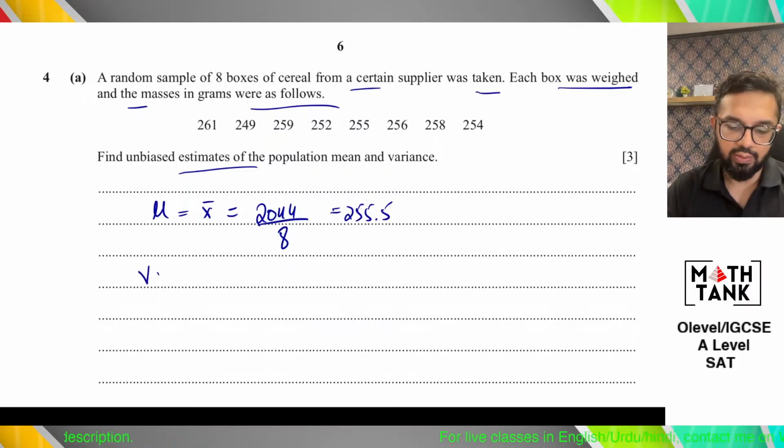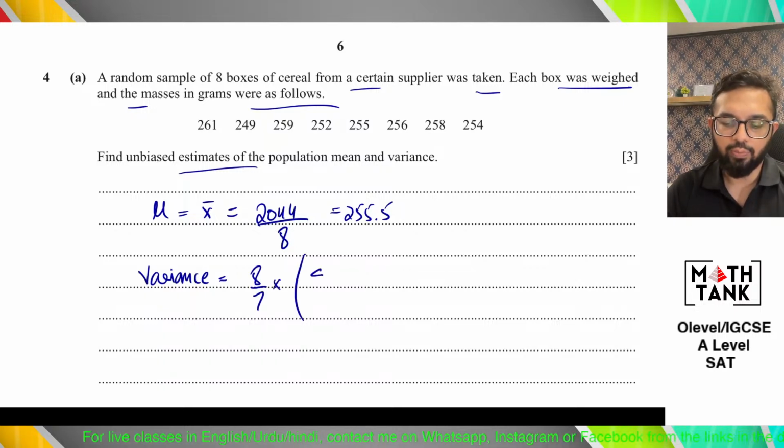Okay, for the variance, you have to do n over n minus 1, so 8 over 7 into the sum of x squared divided by n minus the mean squared.